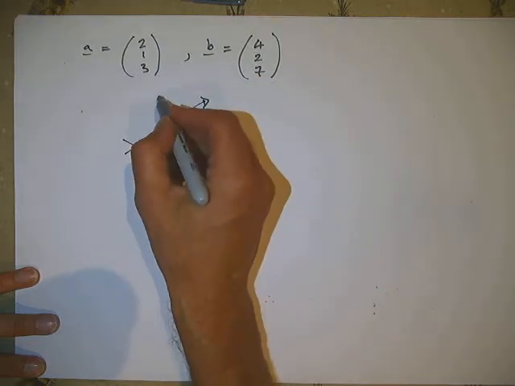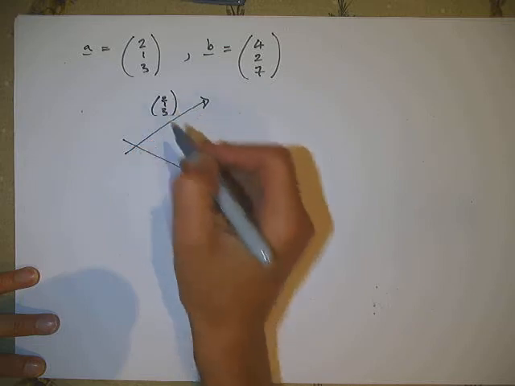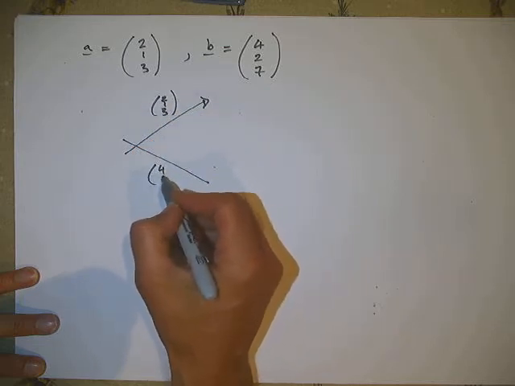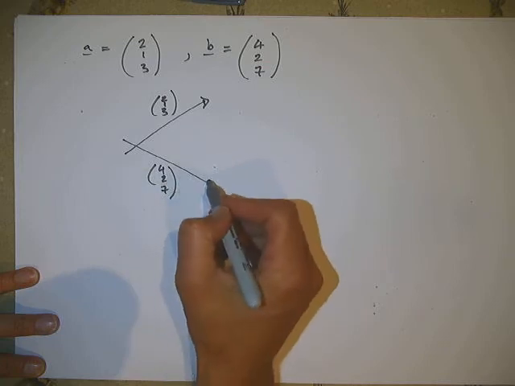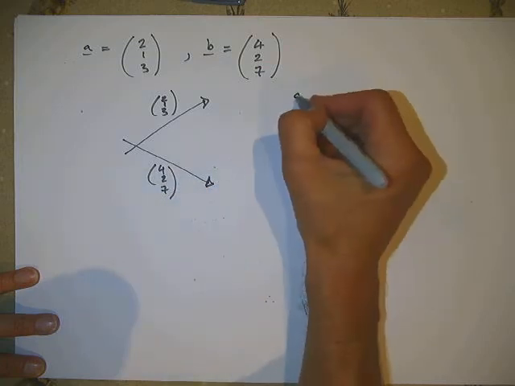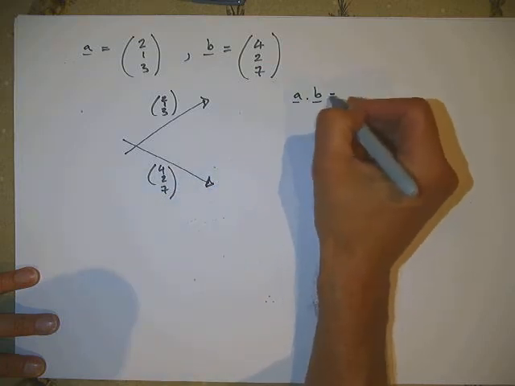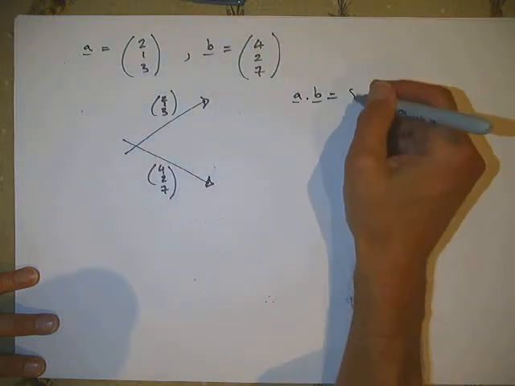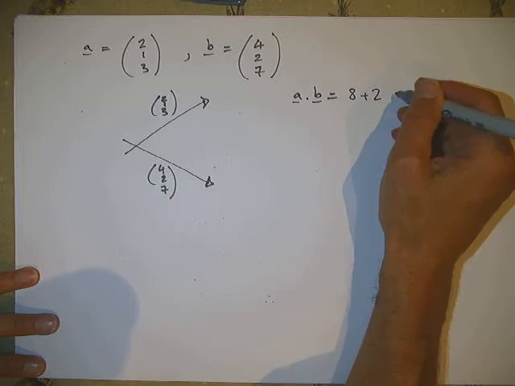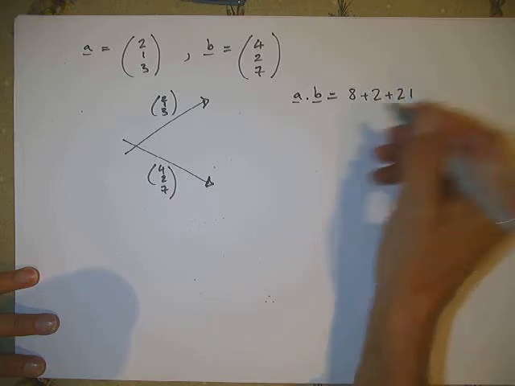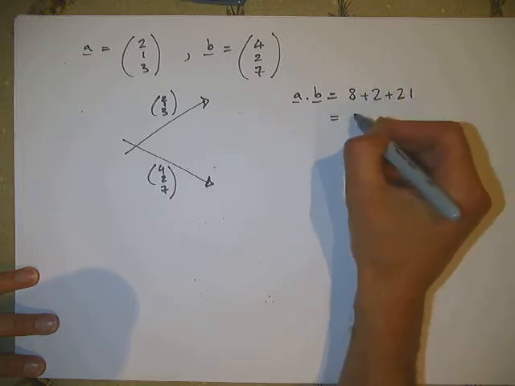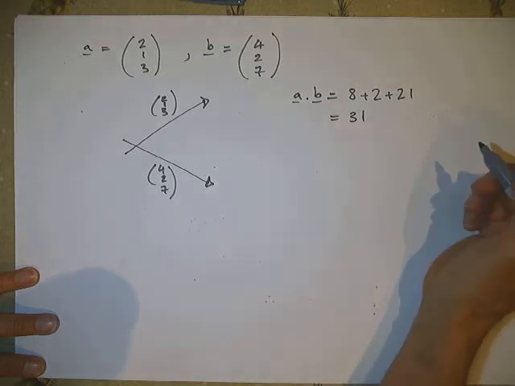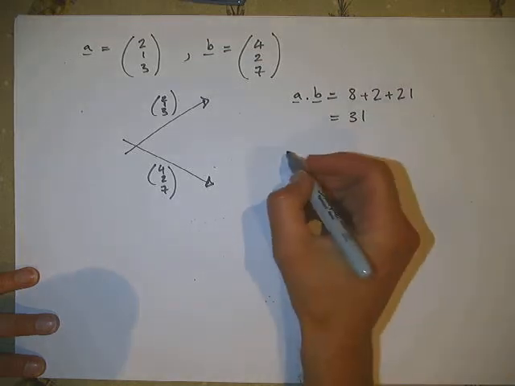When I work out A dot B, we get 2 times 4, so we get 8, 2, 21, so we get 10, 31. What on earth have we worked out?